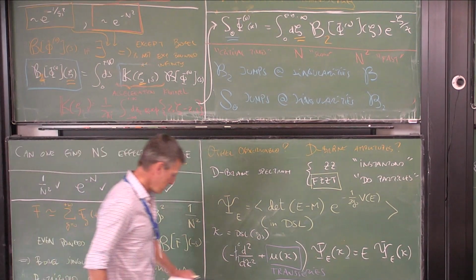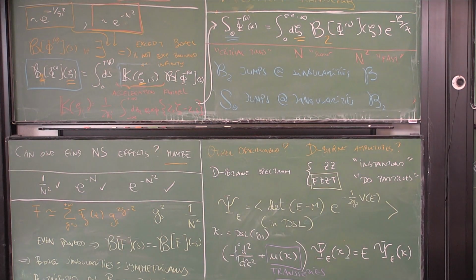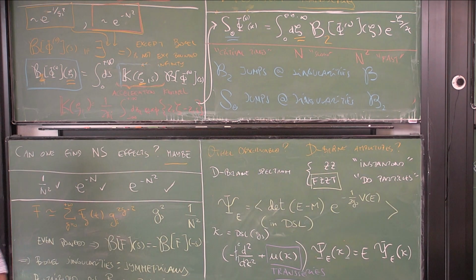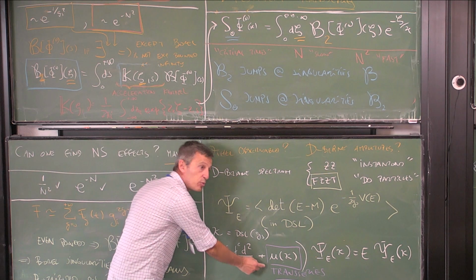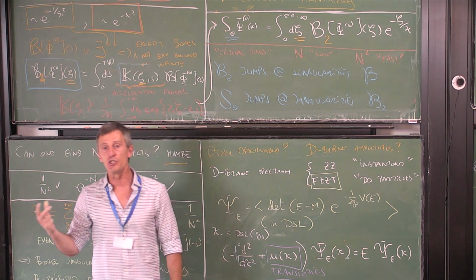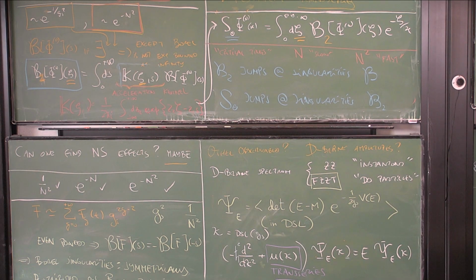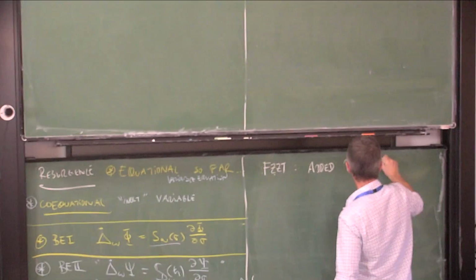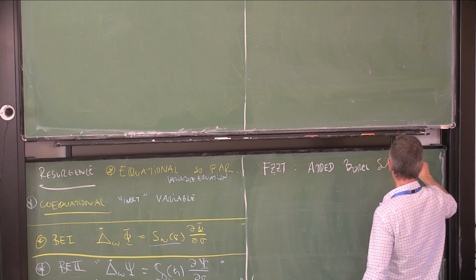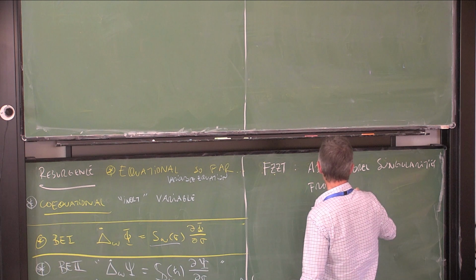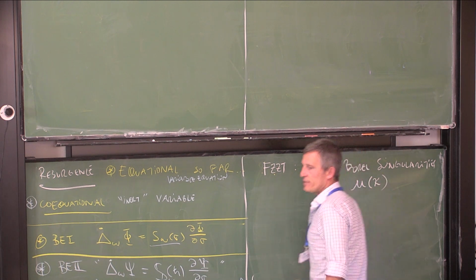Well, not exactly. Because there's still an issue, which is that there are extra Borel singularities associated to the fact that the potential is a trans-series. It's a solution to the string equation. So there are added Borel singularities from this being a solution to the string equation.